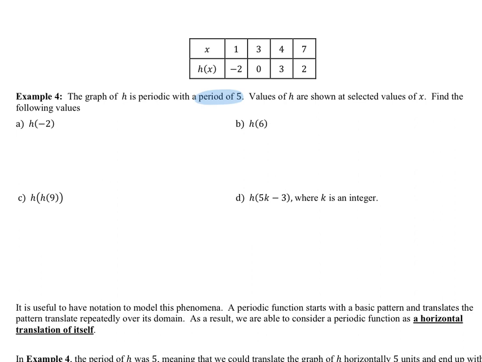It says the values of h are shown at selected values of x. Find the following values. So we're going to do first h of negative 2. Well, negative 2 is very obviously not in our table, so we're going to have to make it work. What would I have to multiply 5 by to end up getting to negative 2?